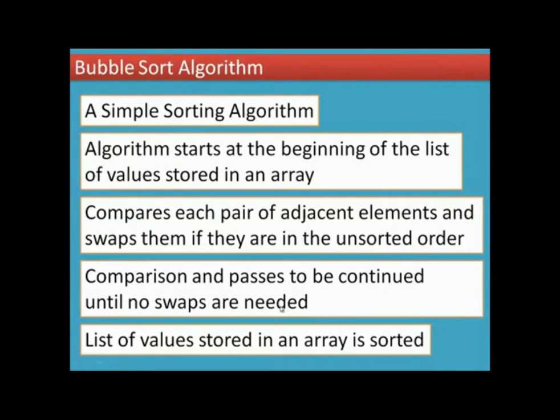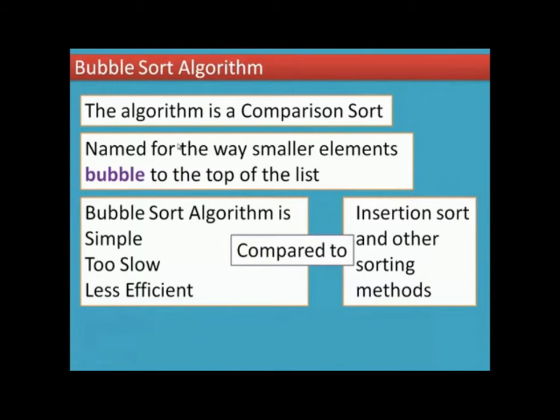This comparison and passes are continued until no swaps are needed, which indicates that the list of values stored in an array is sorted. The algorithm is a comparison sort.